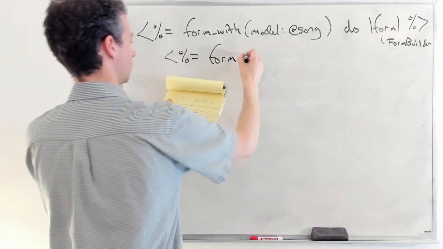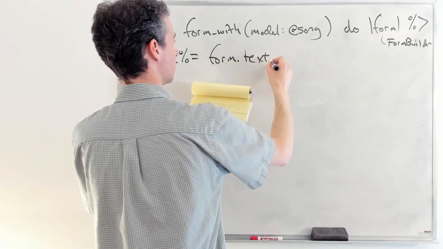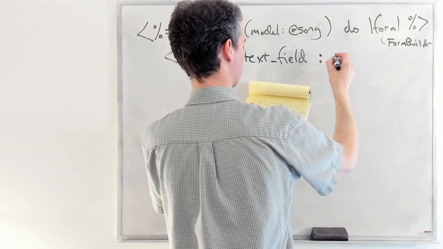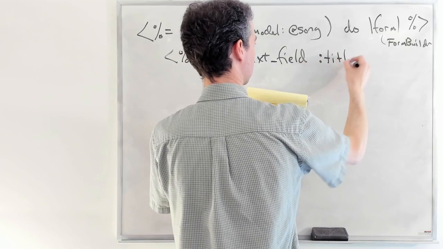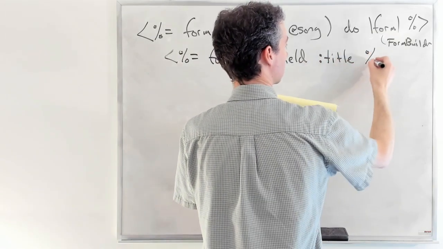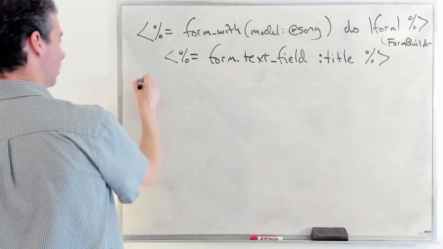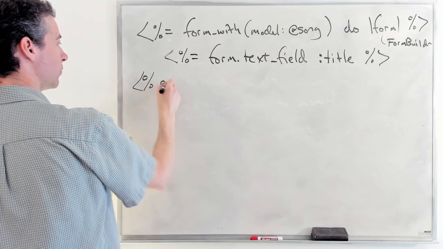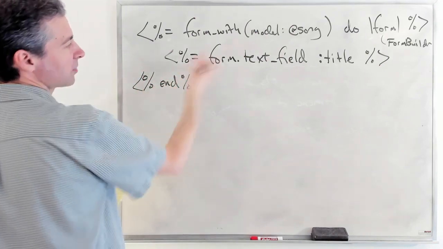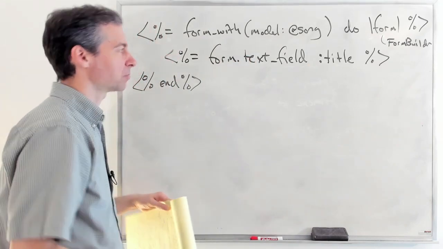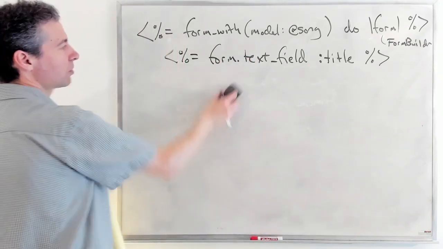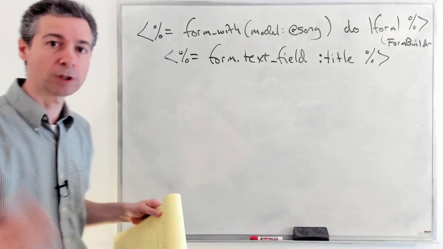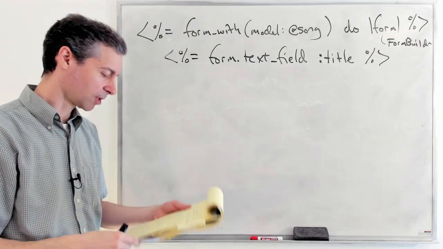So I'll call form.text_field. Again, I'll just put the end tag here so that we feel good about this. This is not a complete form. It doesn't have a submit button. But actually I'll get rid of the end. So let's just show you that this is the way that we call it. And if you go back to your HTML and forms, this will generate a text field for me.